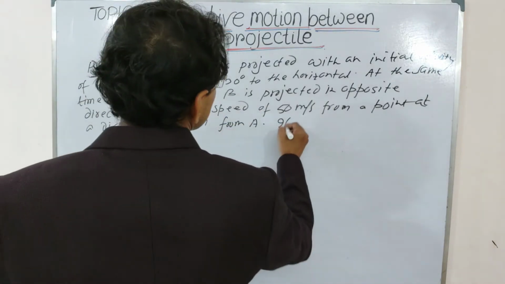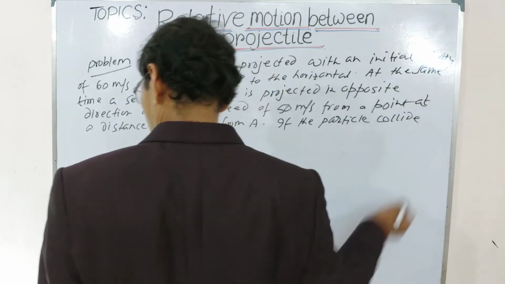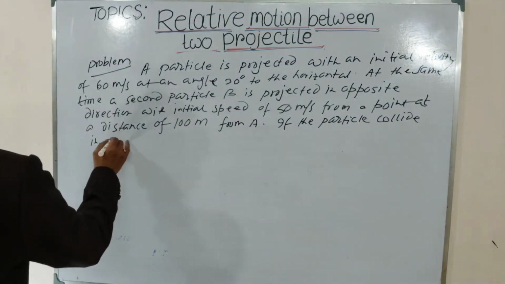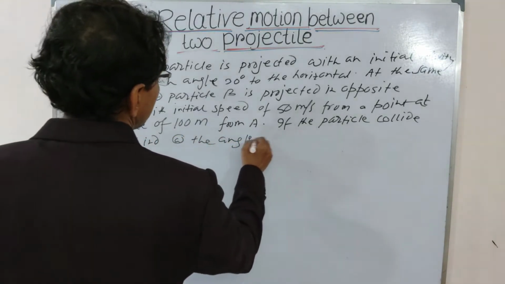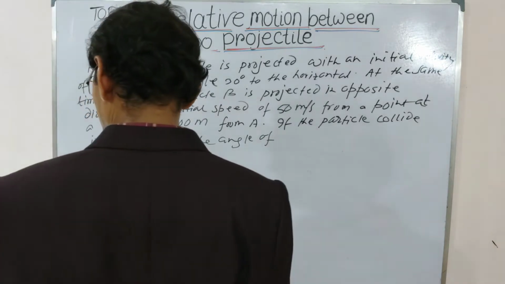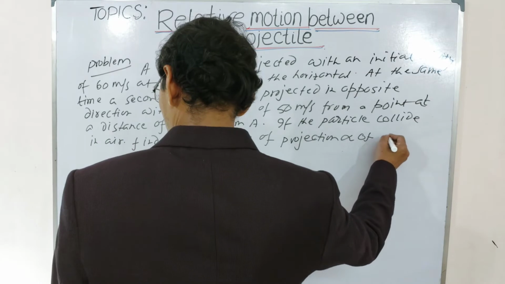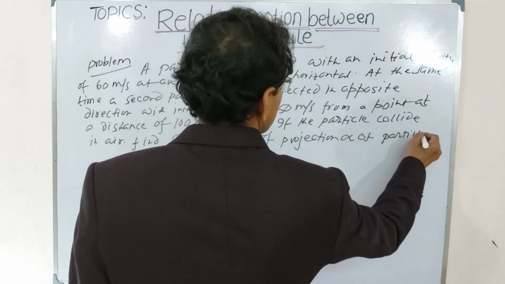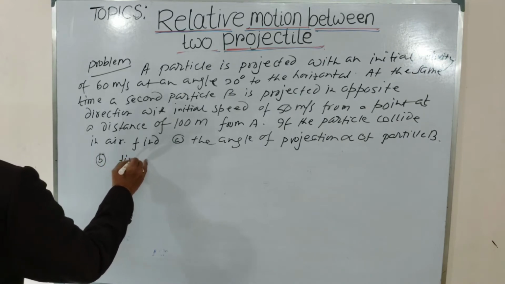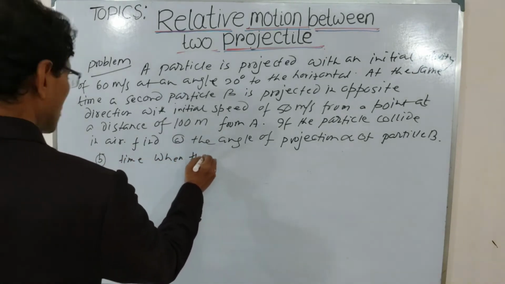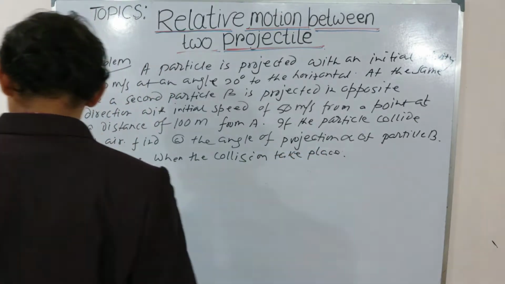If the particles collide in air, find the angle of projection alpha of particle B. Second, the time when the collision takes place.